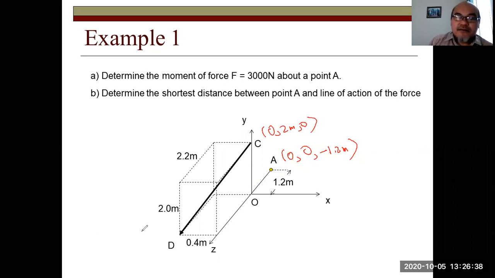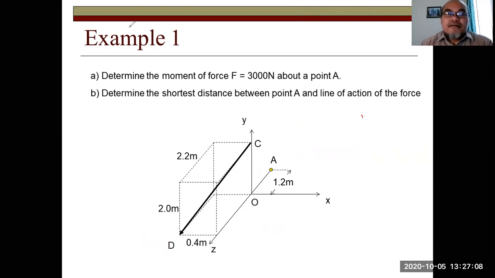The D coordinate is: x-axis is minus 0.4 meter, y-axis is 0, and z-axis is 2.2 meter. So you first have to find the vector CD, the force vector CD, using the coordinate system that was discussed and taught 2 weeks ago.